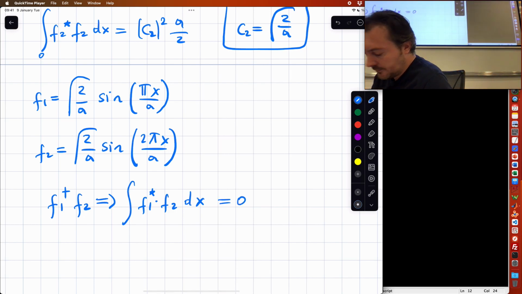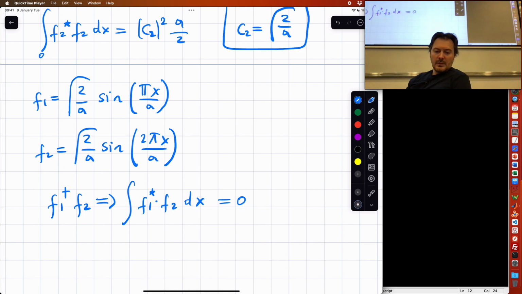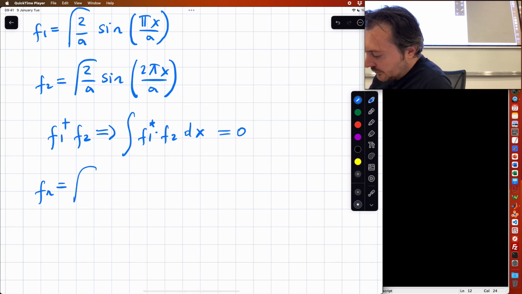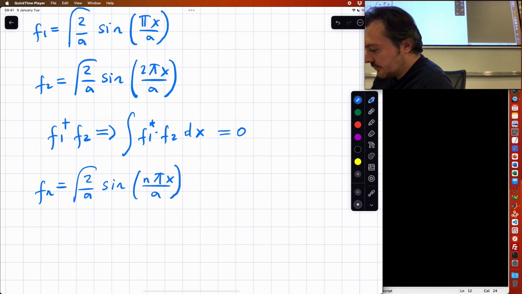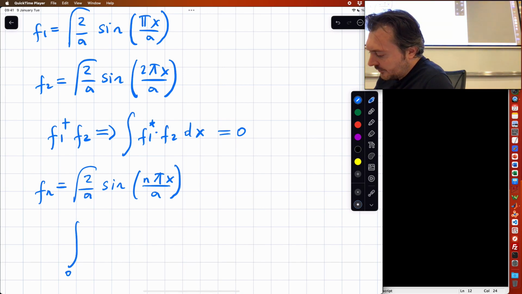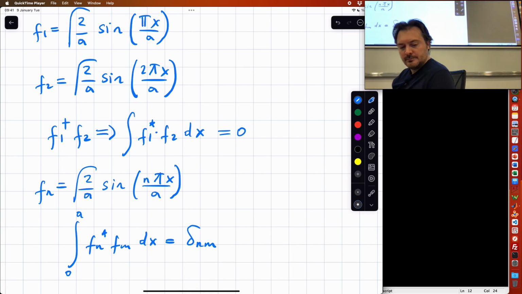How do I know this? Let me write you a general formula for this. Let's say fn is square root of 2 over a sine n pi x over a. You can try it at home. Then the integral from 0 to a of fn star fm dx is delta nm.